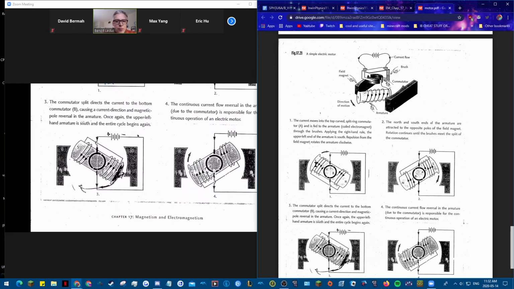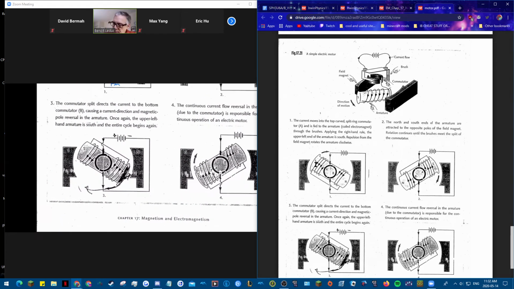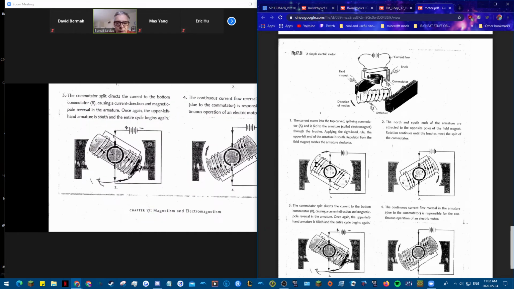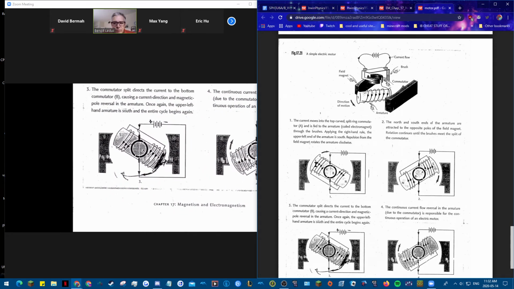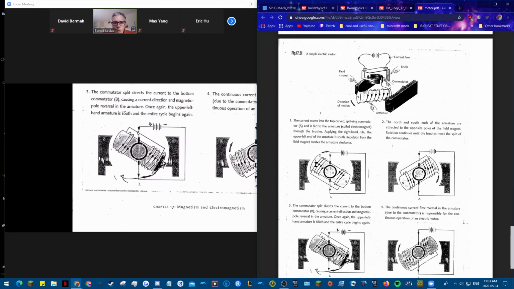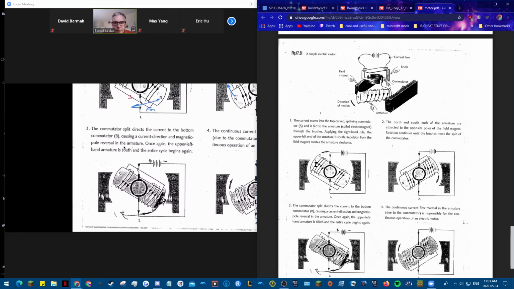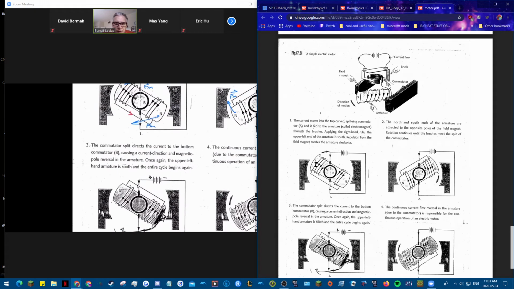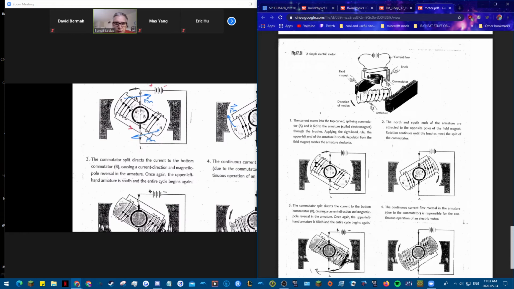So you can see here that the A side, remember the A side was connected to the positive side of the battery. It's a little bit laggy here. So remember, the A side here was connected to the positive side of the battery.